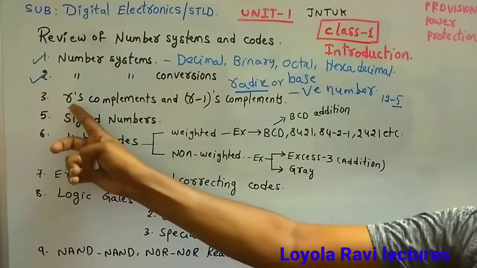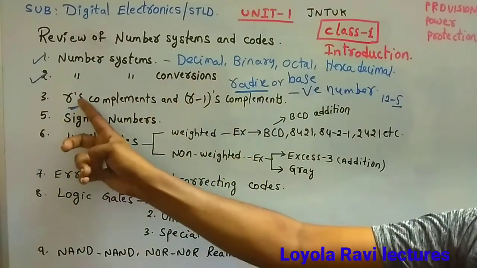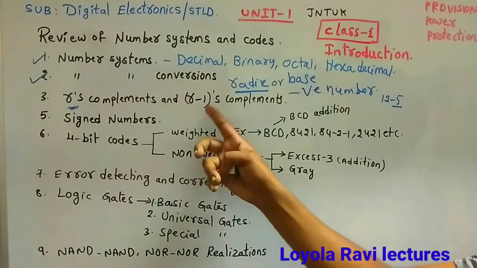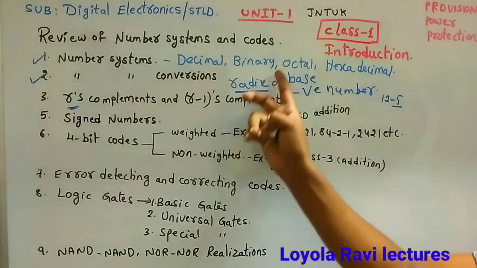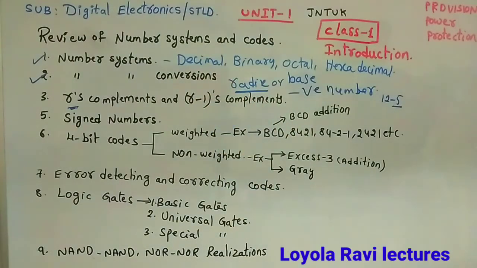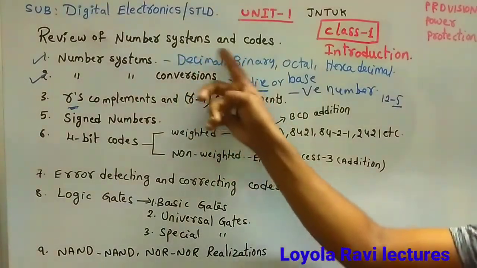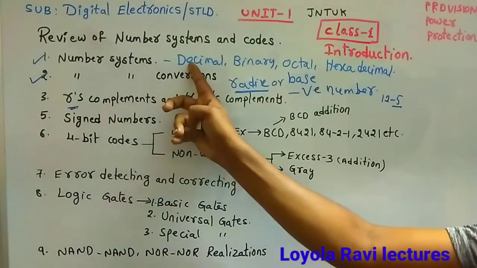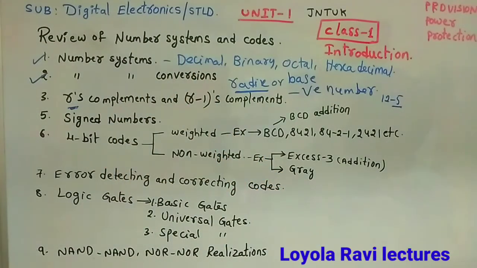For example, if my radix is 10, it is the 10's complement, and 10 minus 1 means the 9's complement. That is nothing but the decimal complements.